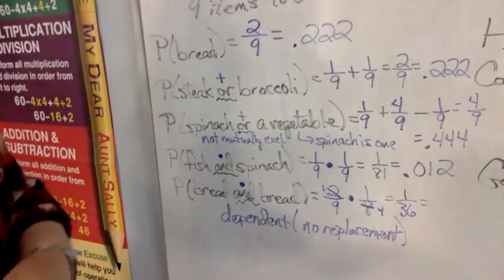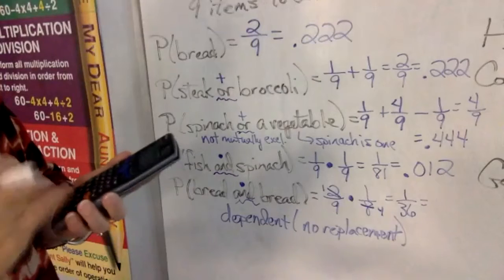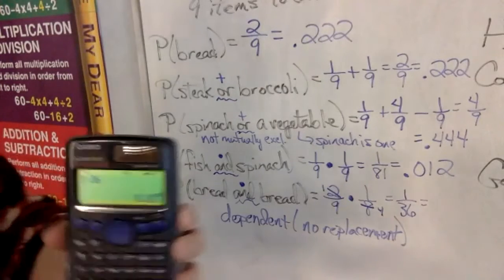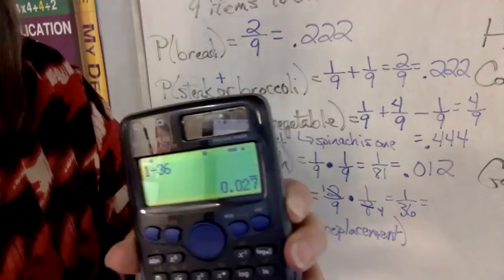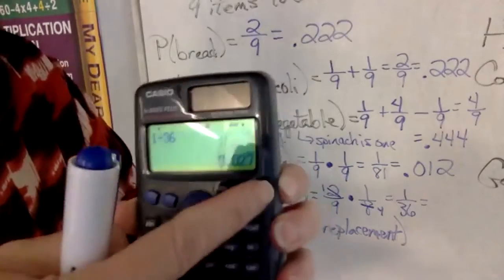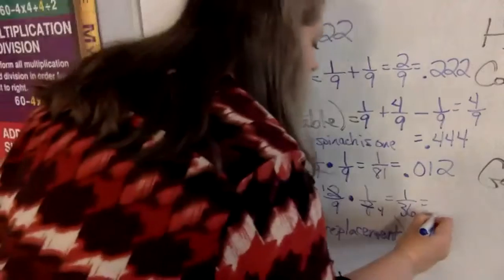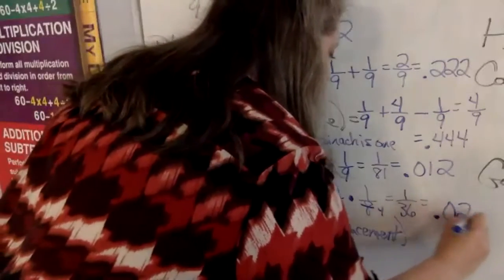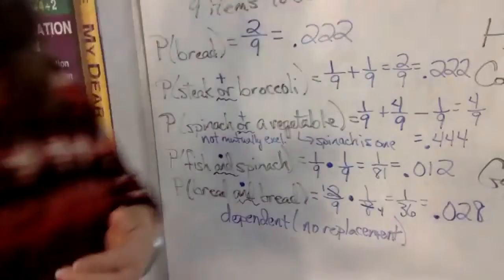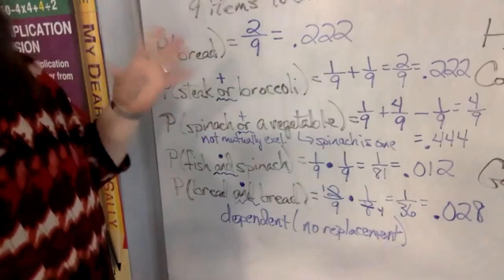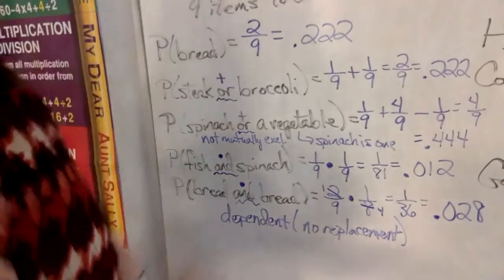So you have 1 divided by 36. You get another lovely repeating decimal. It's 0.027777. Just the 7 repeats. So is that 7 going to make the last 7 go up? Yes. 0.028.